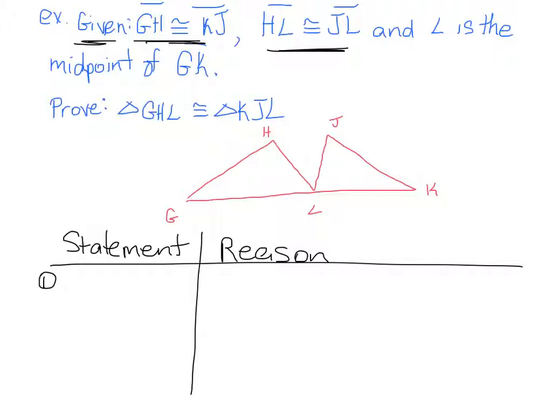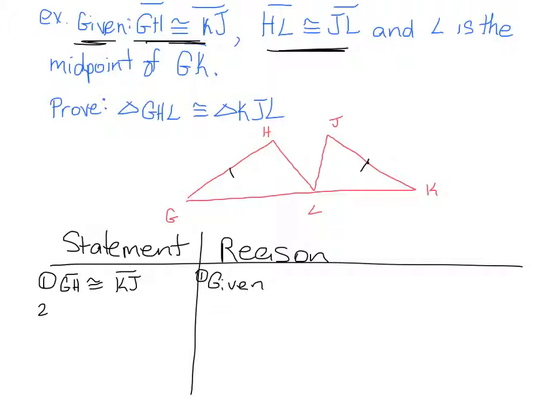First of all, segment GH is congruent to segment KJ. So that's given, and we can write that down because it's given. All right, so that's our reason there.